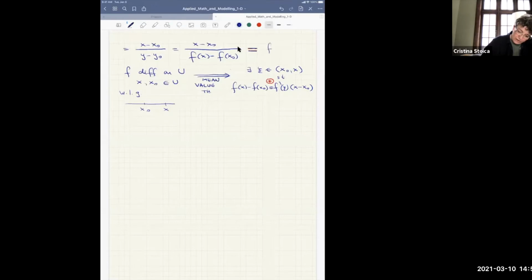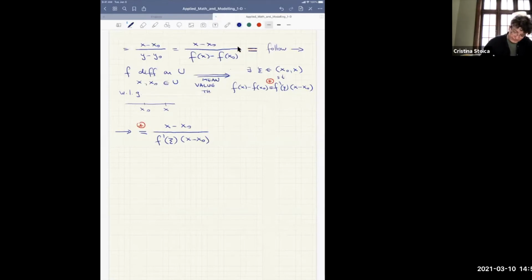Follow the arrow. So it equals (x minus x naught) over f prime of psi times (x minus x naught).